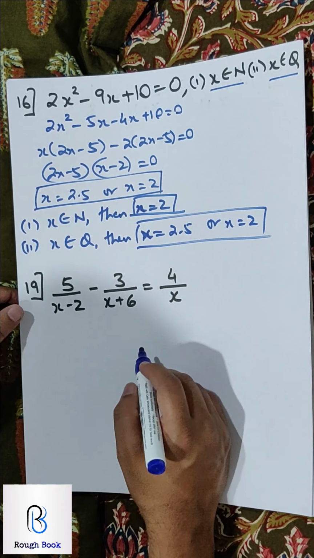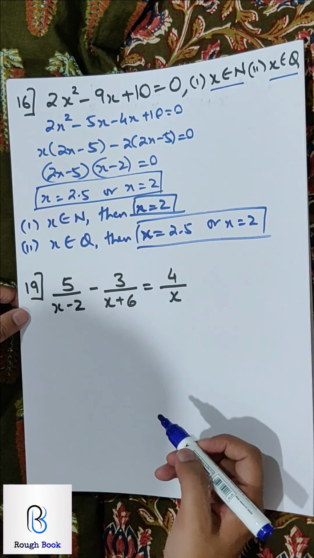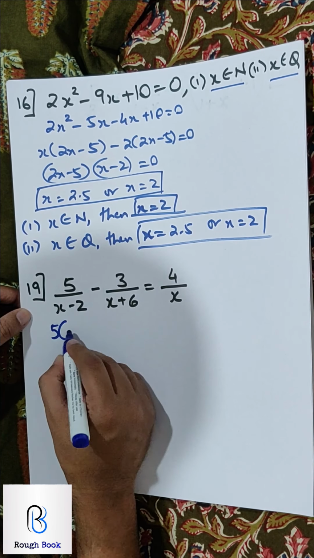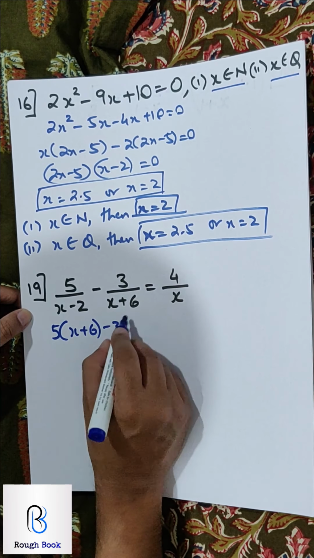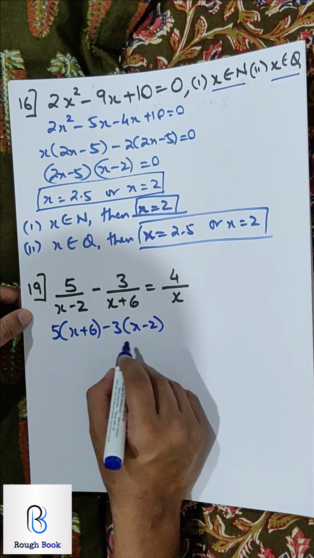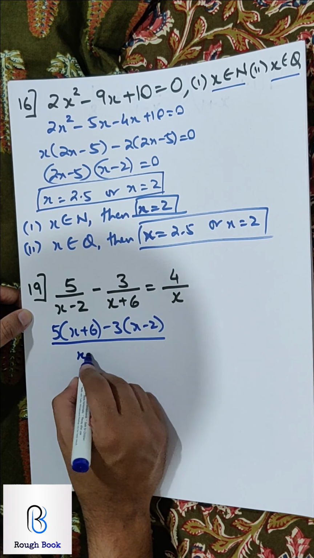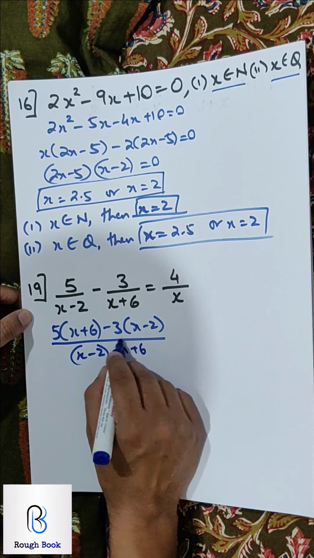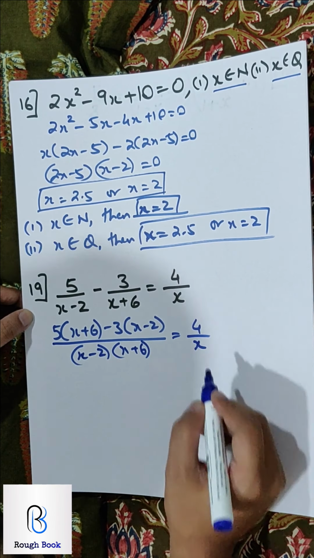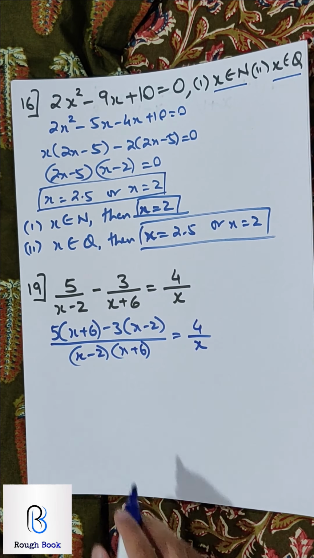Go ahead. See what can be done. LCM first and then probably you will go ahead. So 5 times x plus 6 minus 3 times x minus 2 upon x minus 2 times x plus 6 equals 4 by x. So we'll have to again go ahead.